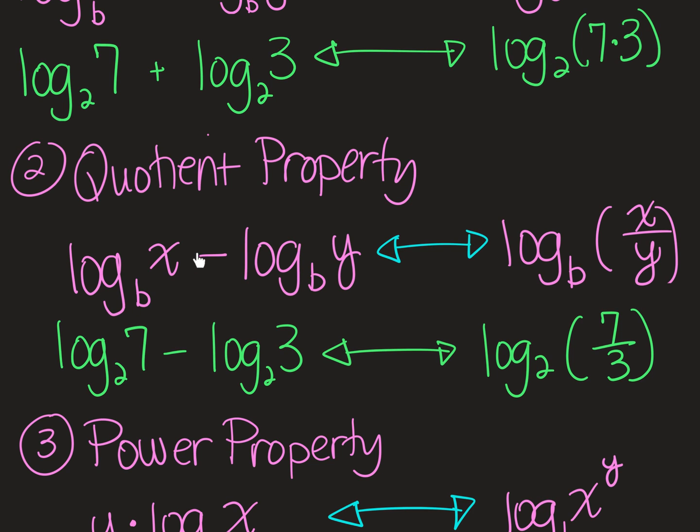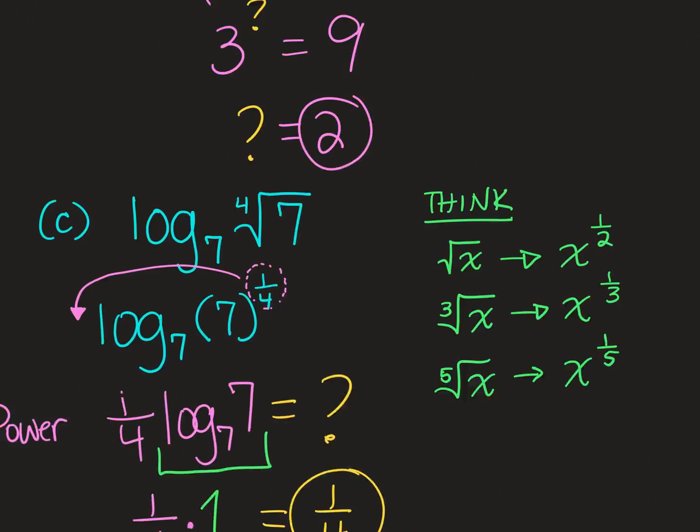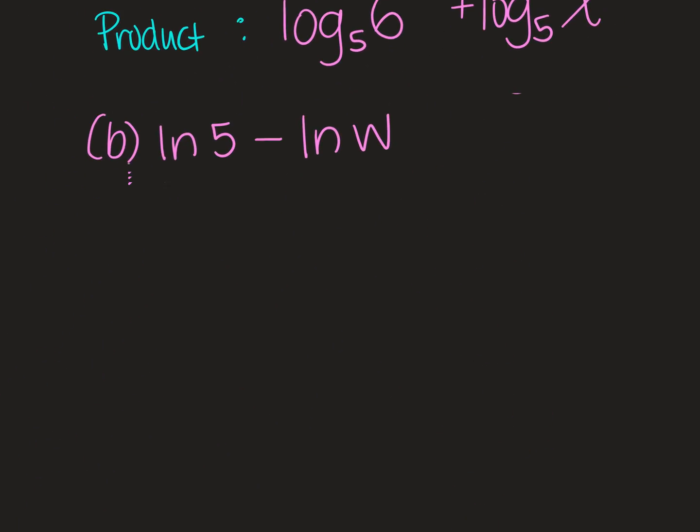Two logarithms being subtracted. So this is the side that I have. I want to rewrite it in this form. So I have to take it from two logarithms to a single logarithm with the same base, and then write those two logarithms so that they're a quotient. So let me move that back down. It was not doing what I asked it to do. I'm going to take it from 2 logarithms to 1, and I'm going to do that using the quotient property here because I'm subtracting.